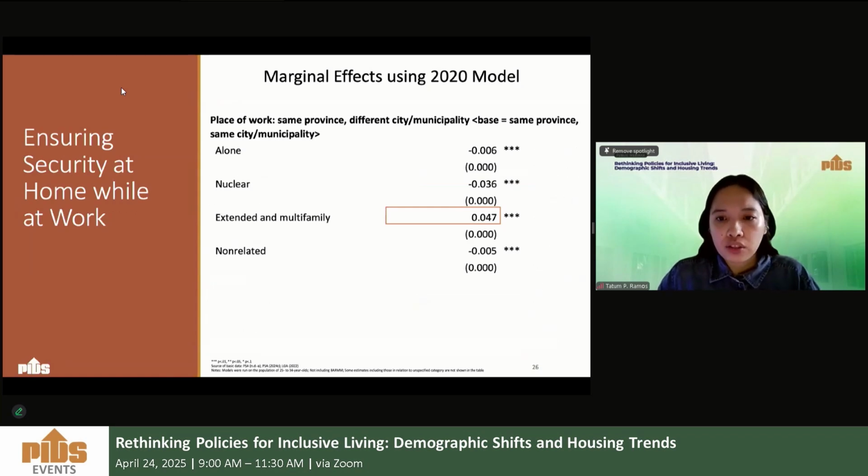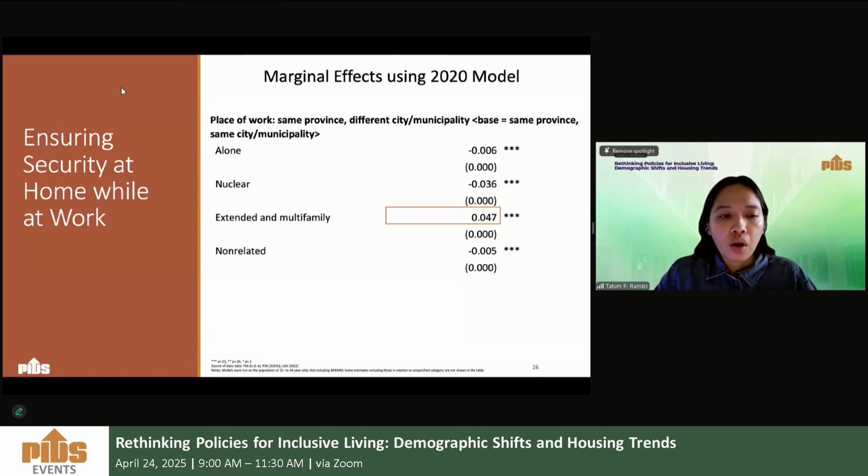If we look at place of work, compared to those who live and work in the same place, those who work in a different city or municipality have a higher probability of being in an extended and multifamily household by around 4.7 percentage points.